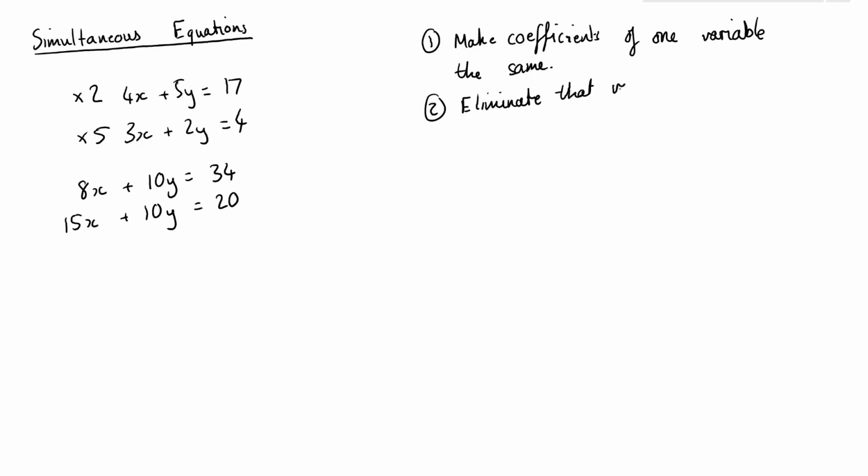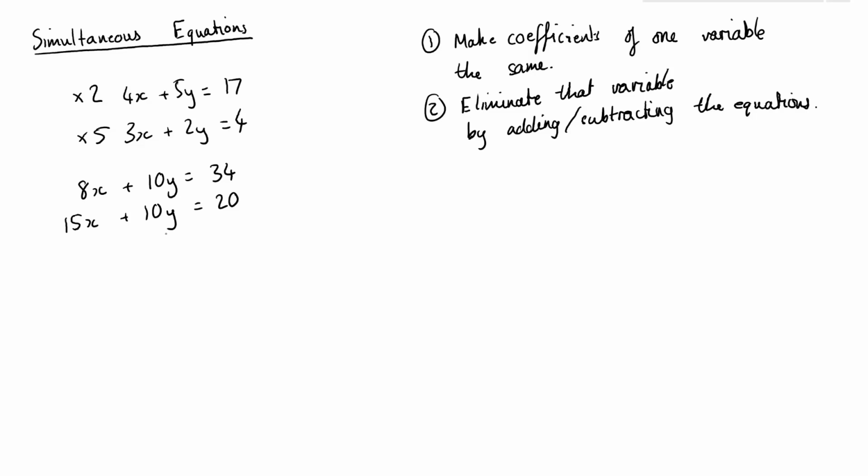How I'm going to do that is I'm going to either add or subtract these two equations from each other. Adding or subtracting the equations is going to allow me to eliminate one of these variables. I've already made the y's the same.